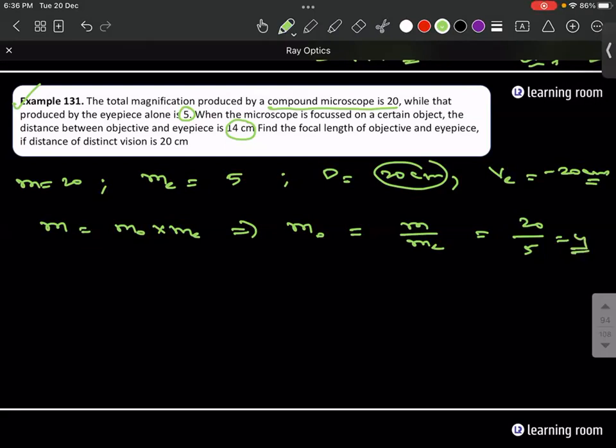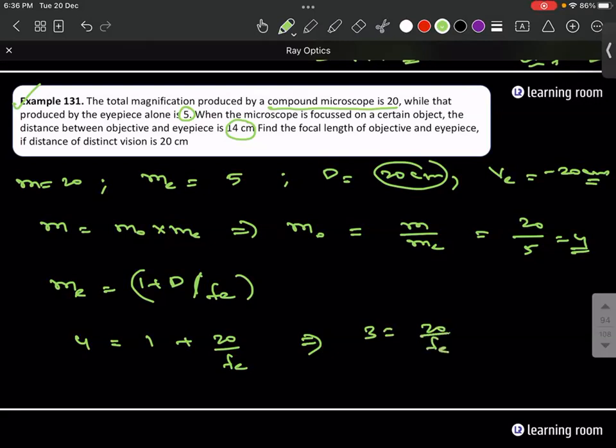Now, we can find the focal length of the eyepiece using the formula ME is equal to 1 plus D divided by FE, because the eyepiece is acting like a simple microscope. So 1 plus D is 20 divided by FE, and the magnification produced with the eyepiece is 5. So 4 is equal to 20 divided by FE.